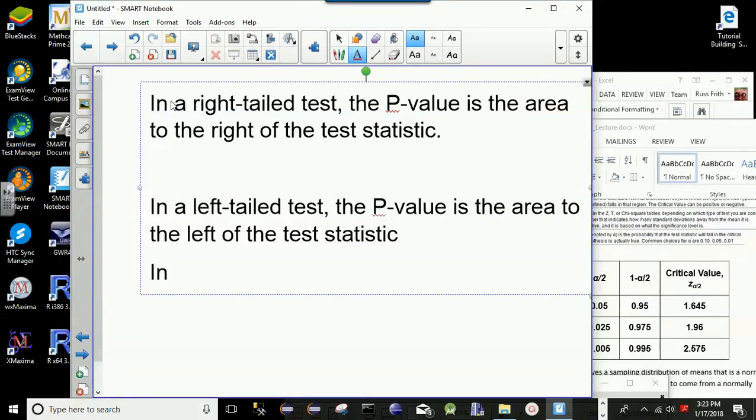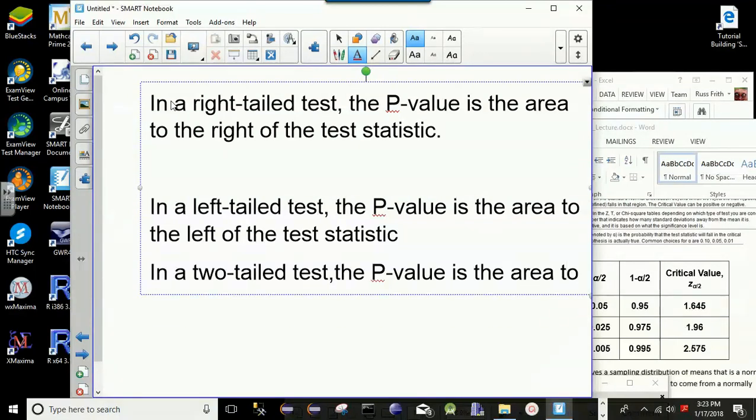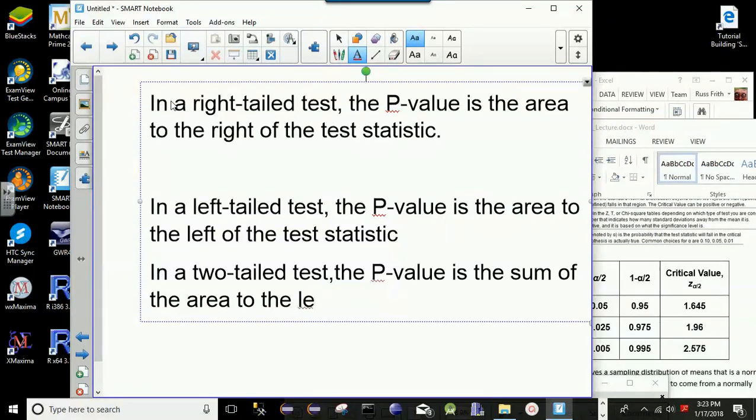In a two-tailed test, the p-value is the sum of the area to the left of the negative of the test statistic, and the area to the right.